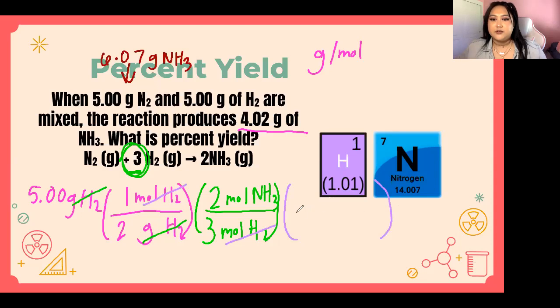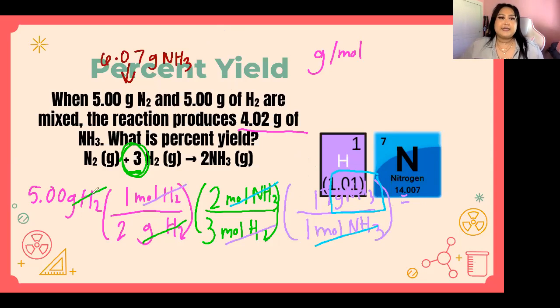Next thing we have to do is what? What's on the top? What are we looking for? Yep, 17 grams of NH3. We should be at our desired unit. Okay, so 5 divided by 2 times 2 divided by 3, and then times 17.